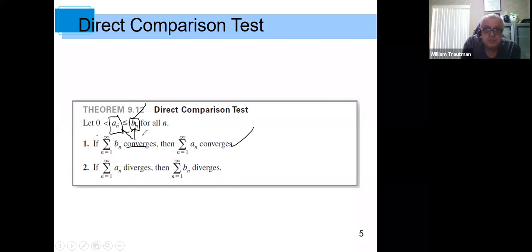And they just say it the other way too: if A sub n diverges, then B sub n diverges. So we're going to be looking at this direct comparison in a second, but just know this is the direct comparison test. If one converges, then the other one converges.